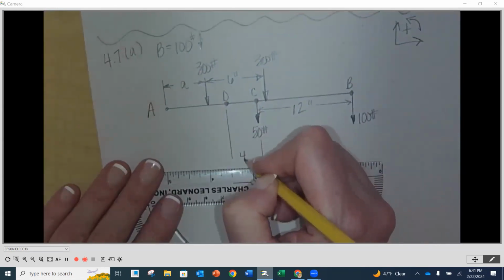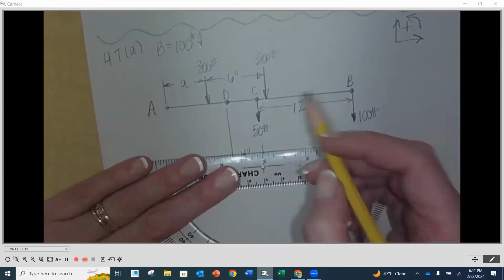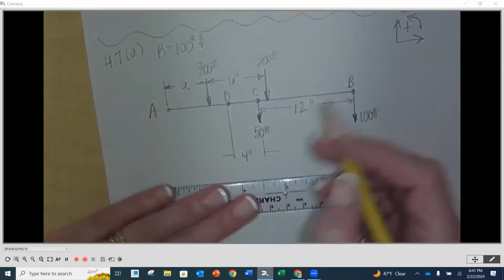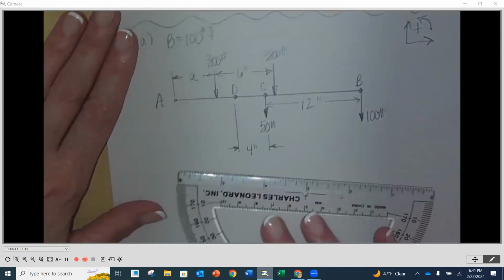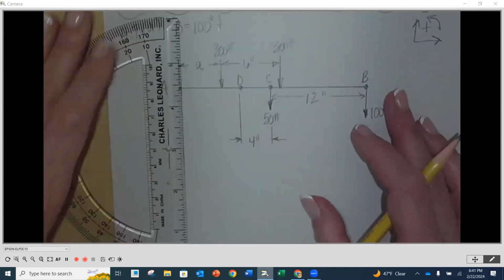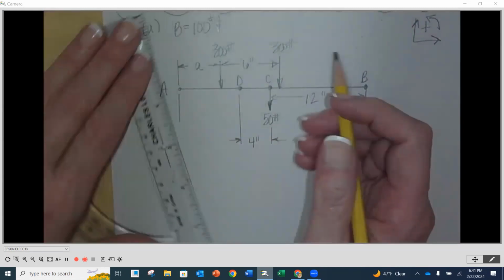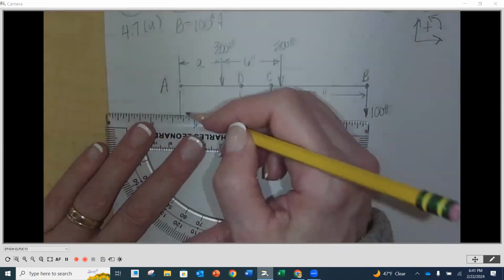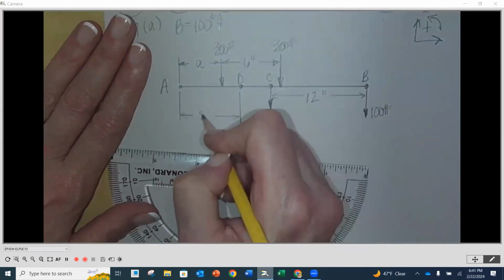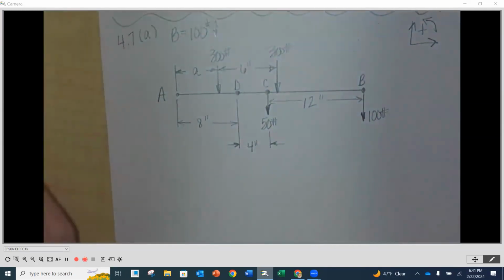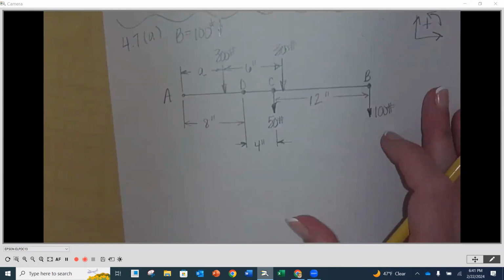This is 4 inches. Okay. And then to the end to A is 8 inches. Yeah. There's a lot of dimensions there.